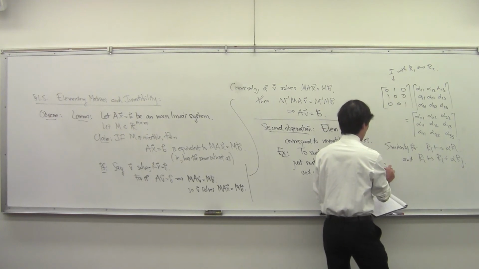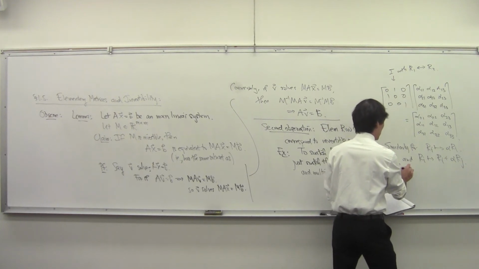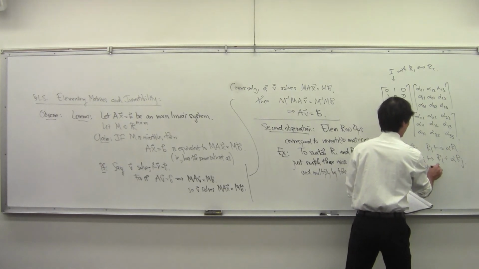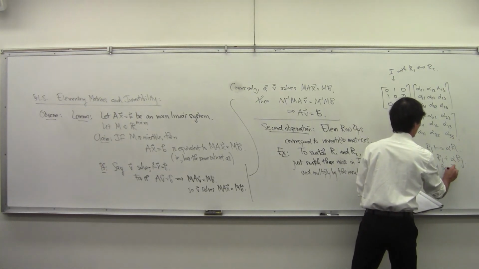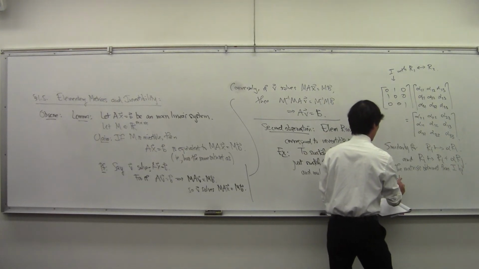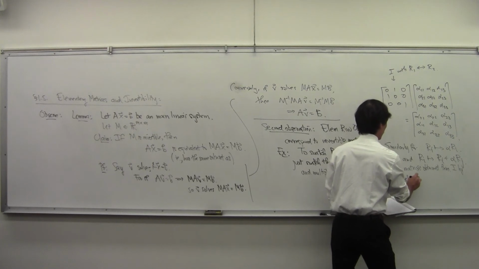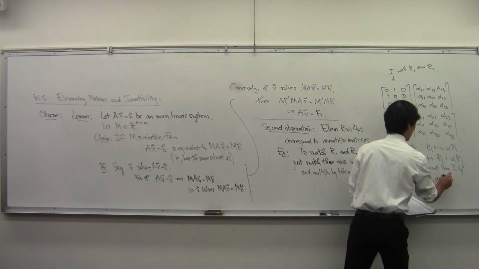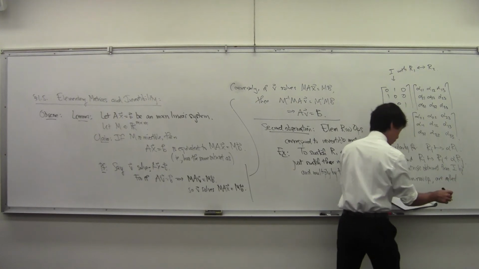Definition. The matrices obtained from I by a single elementary row operation are called elementary matrices.